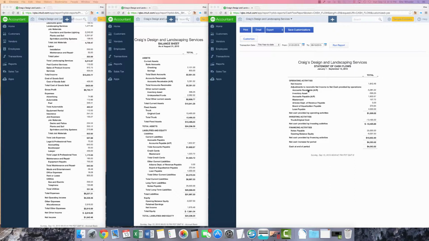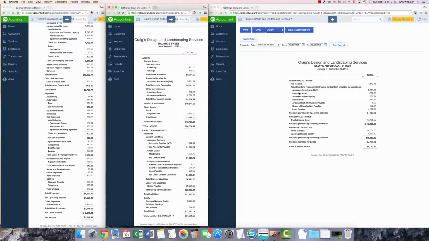So your accounts receivable, you'll notice over here on the balance sheet, is the same amount, but it's a positive number, not a negative number. And so what this means is we have $5,281.52 in receivables from our customers, but we haven't yet received that cash. And so we actually subtract it out of the net income figure where it has been recorded. Okay, the cash hasn't been received, so we have to subtract it out.